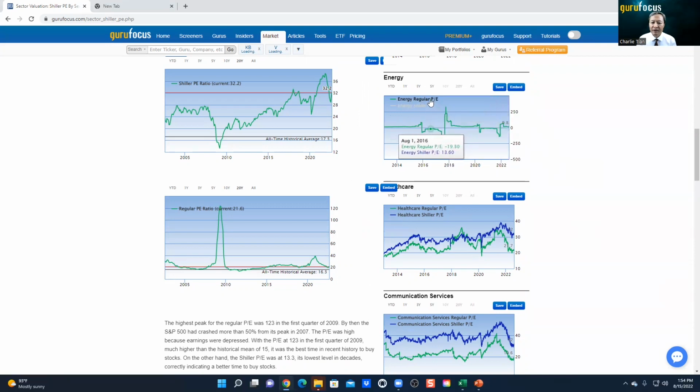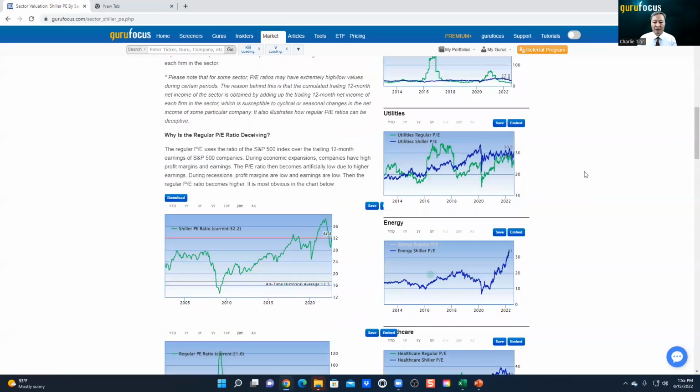For this kind of company, you want to look at the Shiller PE instead of the regular PE. You can see that in 2020, the whole year, the Shiller PE tells you energy company stocks were extremely cheap, and it has been a good call. Since then, the energy sector has gone up a lot.